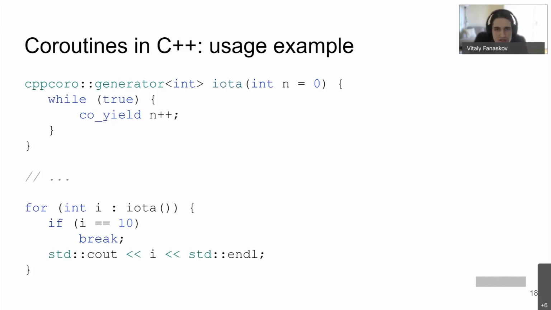So this generator is theoretically infinite, but of course it's limited by the int's capacity. And here, after the comment, we have the example: a for loop that will print the first 10 numbers. And we need this break here because the generator is kind of infinite. You can notice how simple this code is and how natural it looks, almost the same as a regular program.